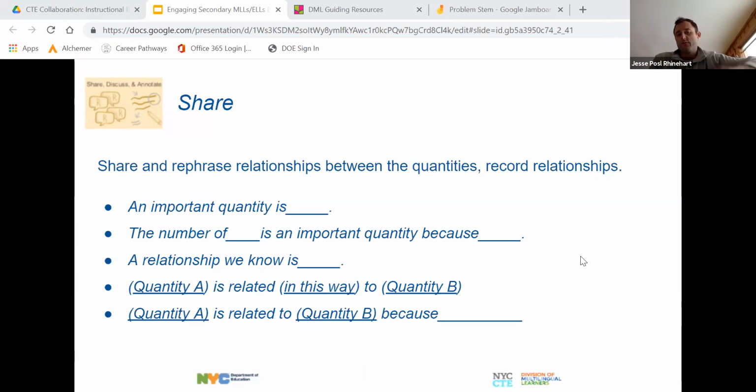I'll start. My group talked about, I guess there are really two important numbers in this, which is the number of dollars you save with one coupon, which is 18. The other important quantity is the 15 percentage points that you would save with the other coupon.